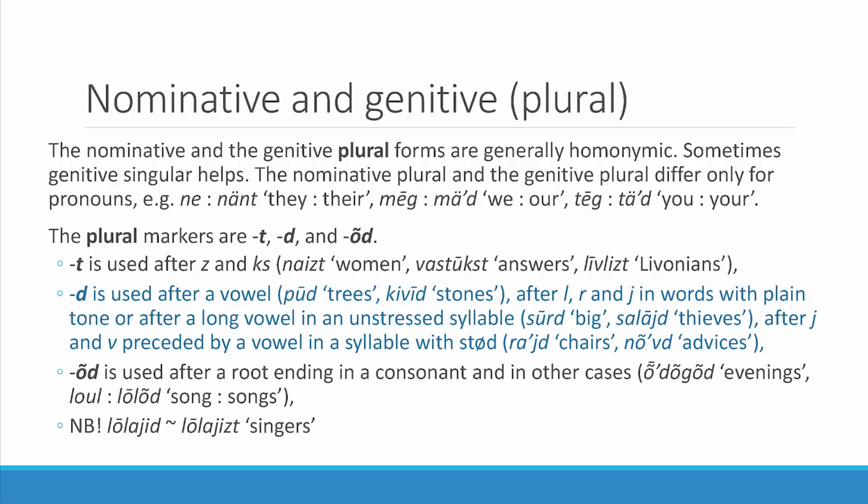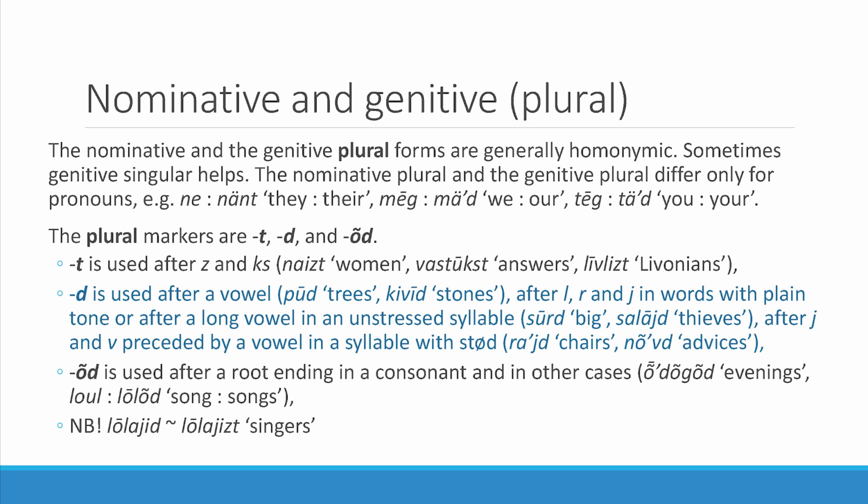So nominative and genitive plural forms are also generally homonymic. And as I said, sometimes this genitive singular helps to find a correct ending, or to form it correctly.